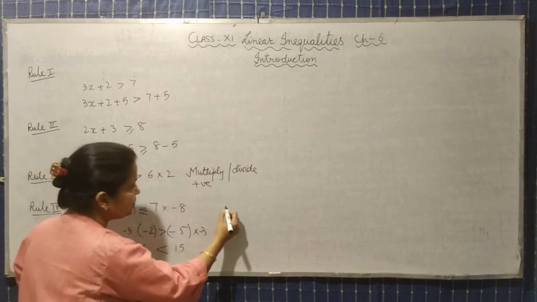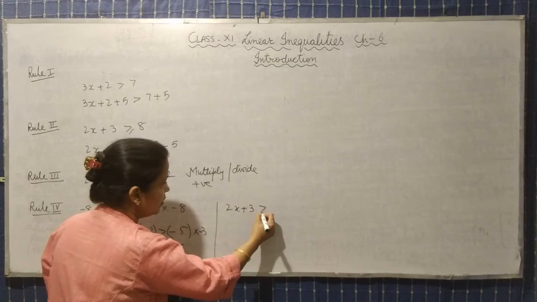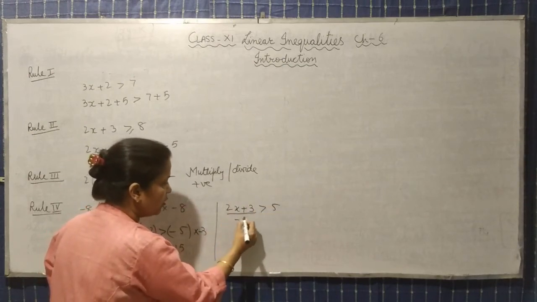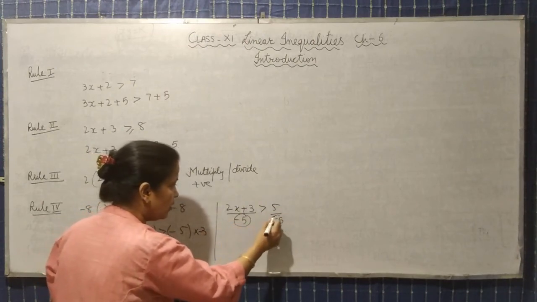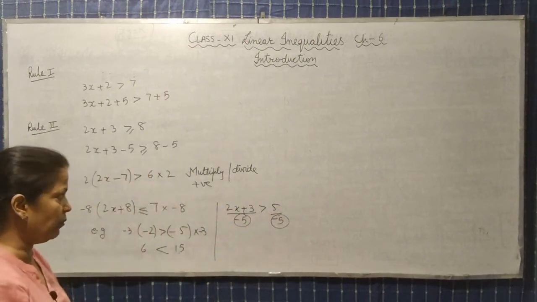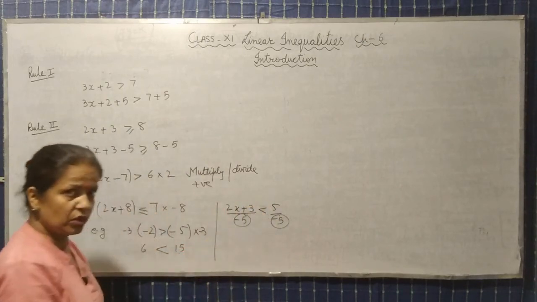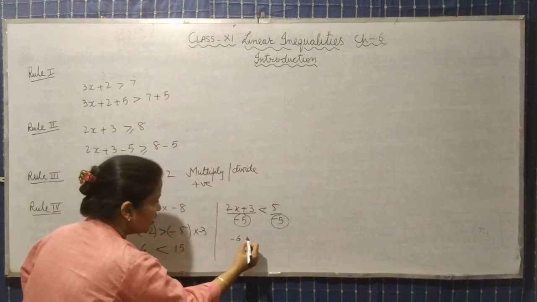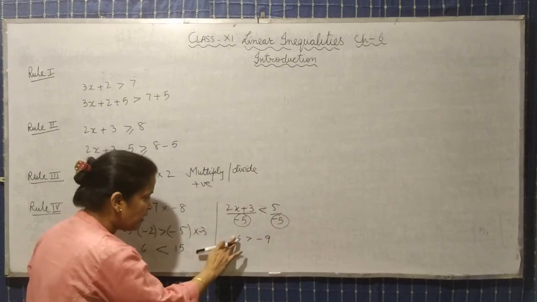Suppose that this is the number and you are dividing both the sides with -5, with the negative number, then the sign will change. Okay, take one example. -6 greater than -9, or +6.